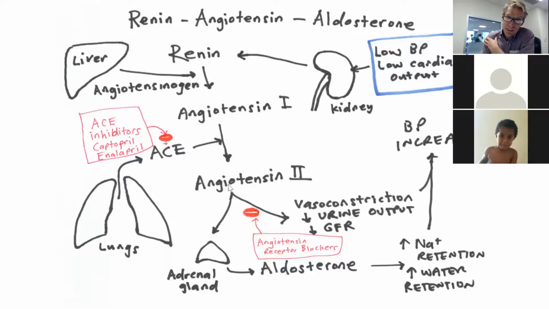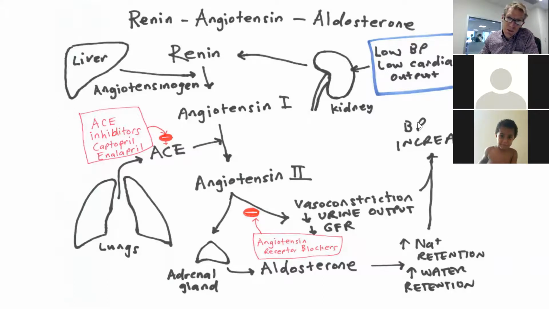Then angiotensin 1 gets converted to angiotensin 2, and angiotensin 2 is important because it's a powerful vasoconstrictor. When you've got low blood pressure, usually the body responds by making much more angiotensin 2, and that leads to vasoconstriction of all the blood vessels in the body, but particularly of the kidneys, and that leads to reduced urine output, and so therefore retention of fluid, and the blood pressure increases.